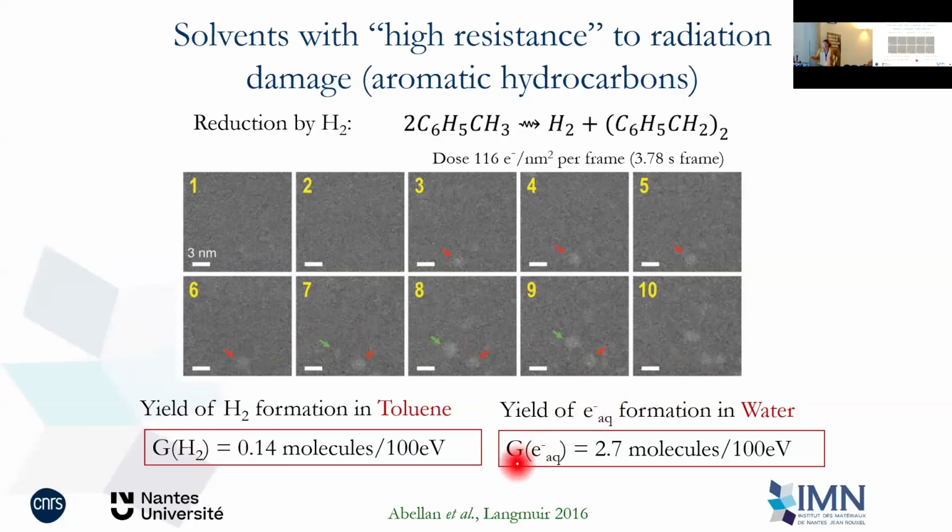The aqueous electrons formed, if you are using water as a solvent, is 2.7 molecules per 100 electron volts in the typical conditions of radiation chemistry, microsecond time scale, equilibrium, and so on. If you use toluene, this goes down to just 0.14 molecules per 100 electron volts. So this is a much nicer environment. It's going to allow you to do an experiment for much longer. The tolerance is much higher.